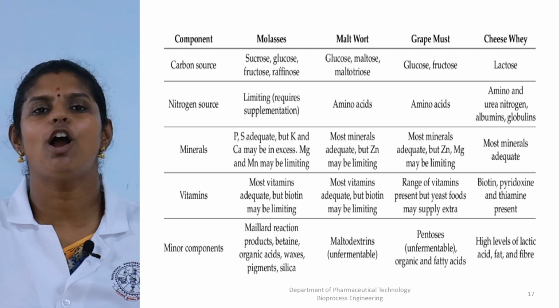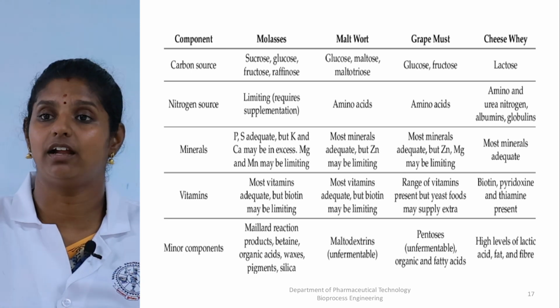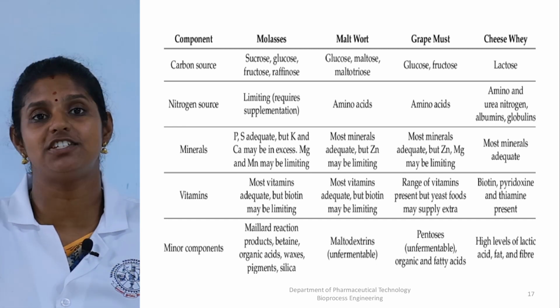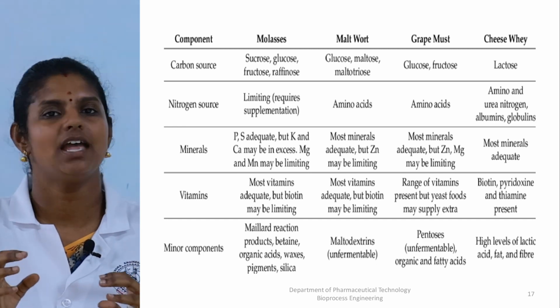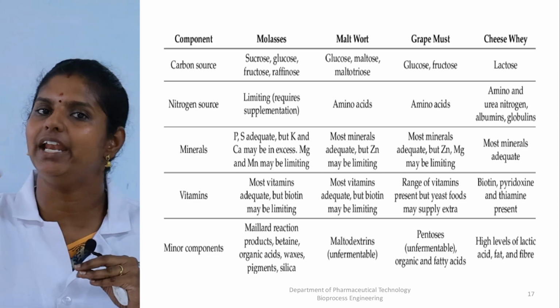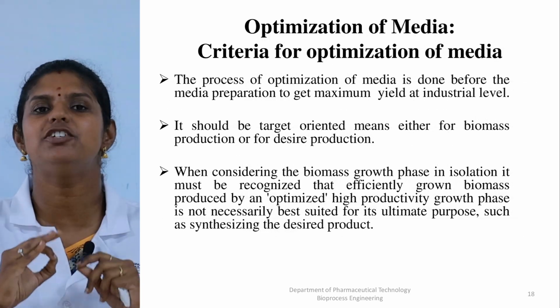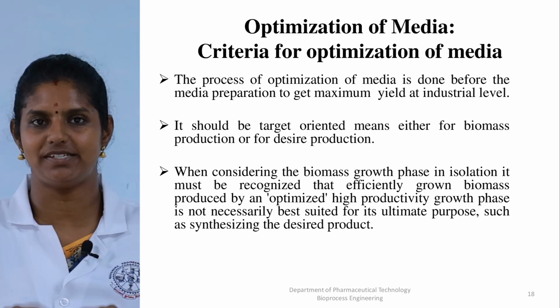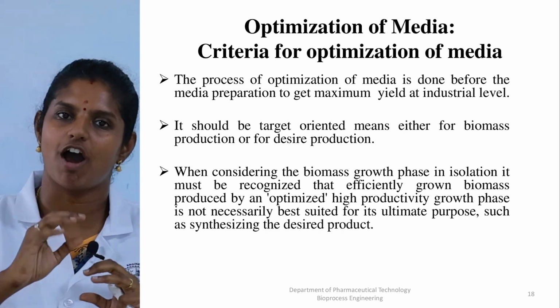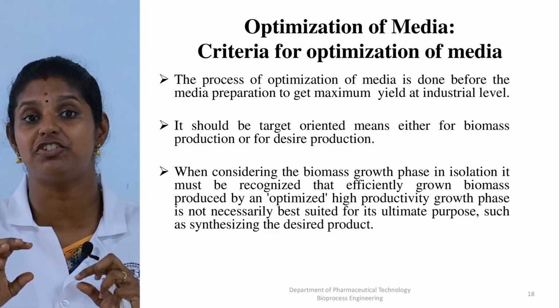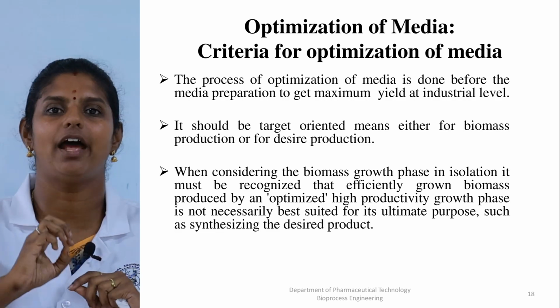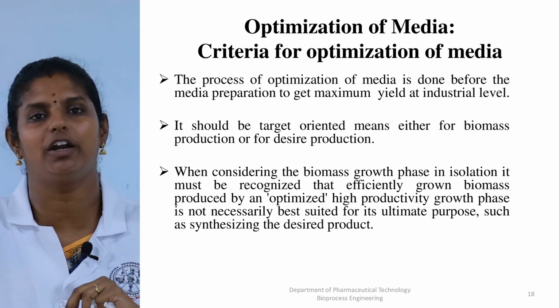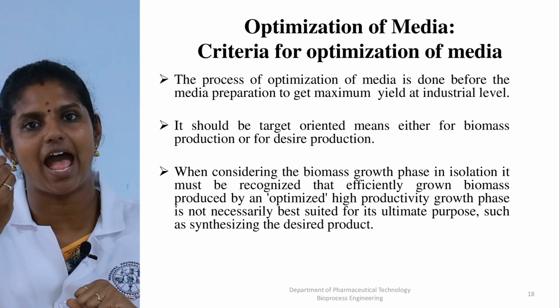We have been talking about the different energy sources like carbon, nitrogen, oxygen supply, minerals, vitamins. Before starting any fermentation process, the major factor that has to be completed is media optimization: what is the level of carbon to be added, what is the level of nitrogen, what type of carbon and what type of nitrogen to be added, what are the mineral factors, what is the gram amount to be added.